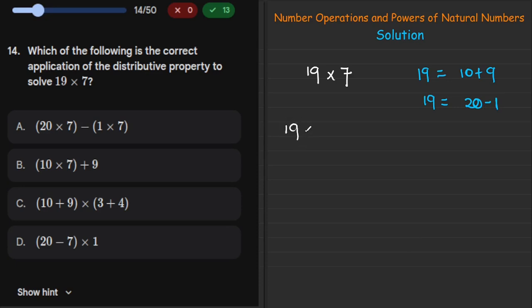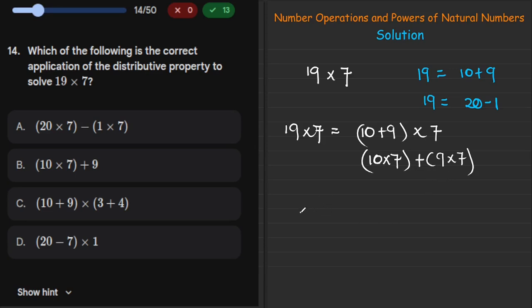Hence, for 19 times 7, using the first one, we can have 10 plus 9, and then times 7. Applying the distributive property, we have our 10 times 7 and then our 9 times 7. It gives us 10 times 7 plus 9 times 7. This is if you want to use the addition.